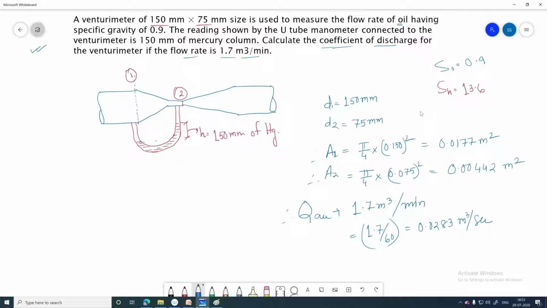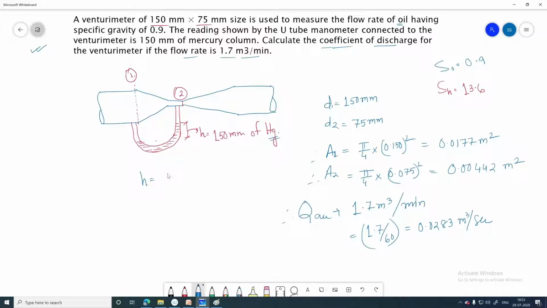Now let's determine the value of H in terms of the oil. Okay, because here it is given in terms of Hg, that means mercury. So what will be the value of H with respect to the oil?